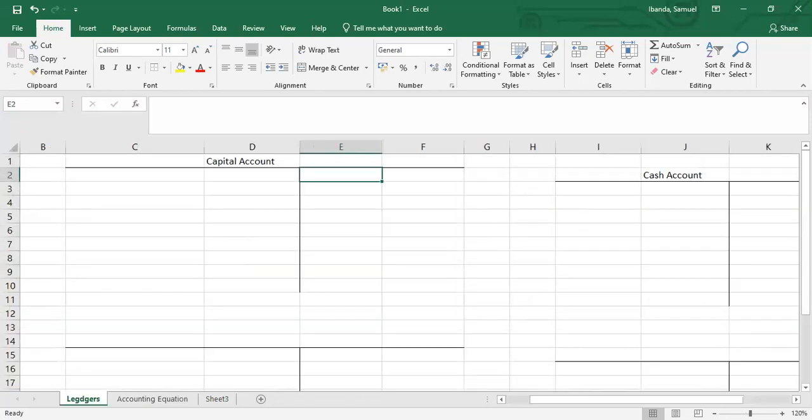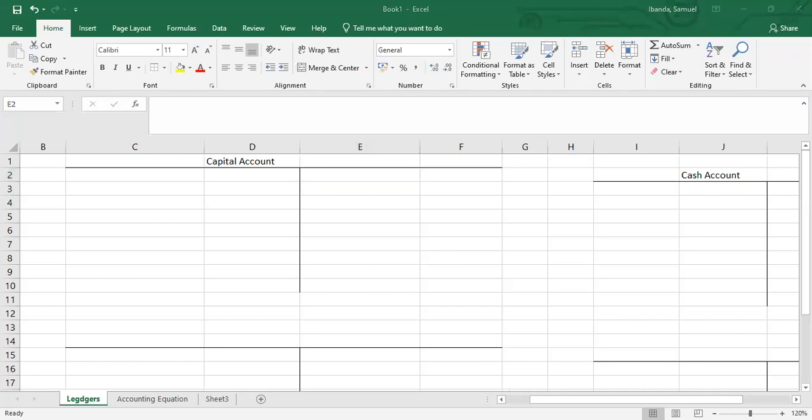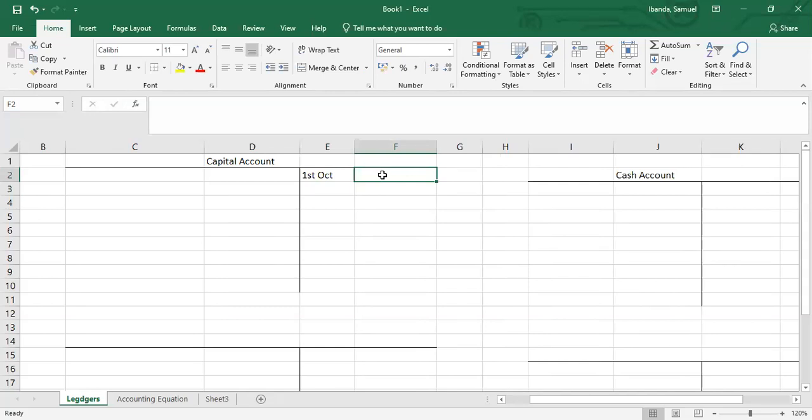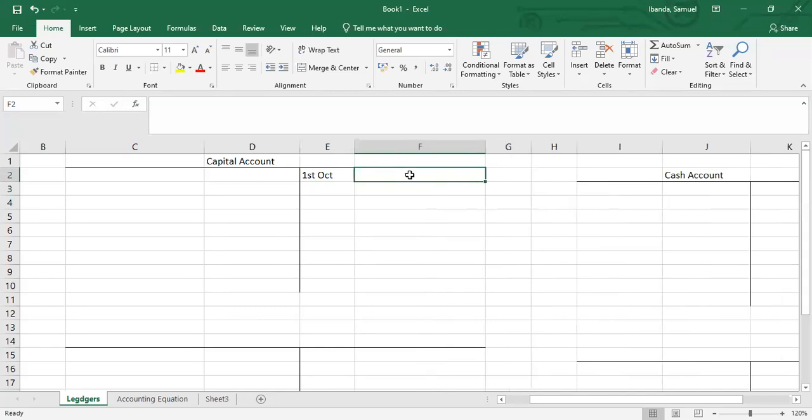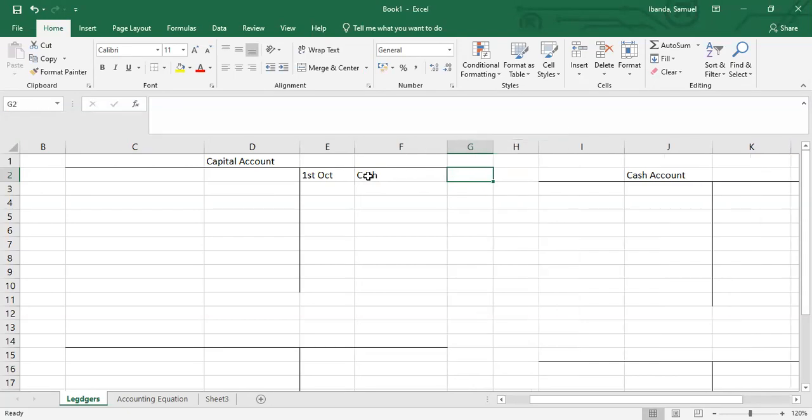Now, what I'll do here, from my date column, they're telling me it was 1st October when this happened. So I'll write 1st October in my date column. Then I'll put the narration of what exactly happened. This is cash. Here we're going to use a single name, cash, and this cash is the alternative account.